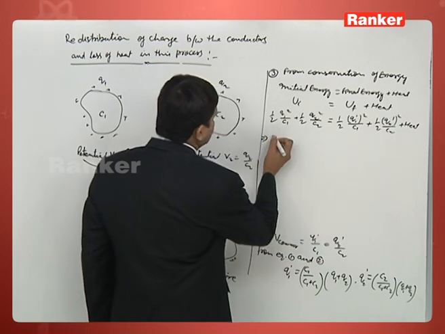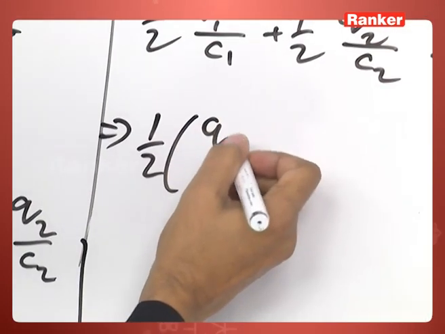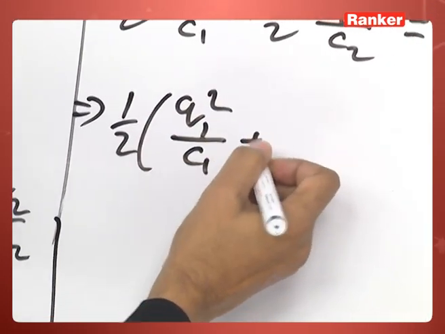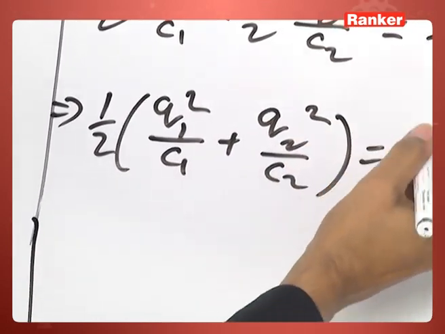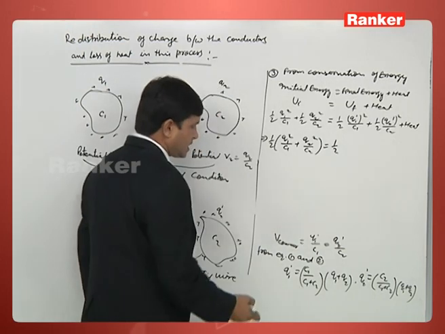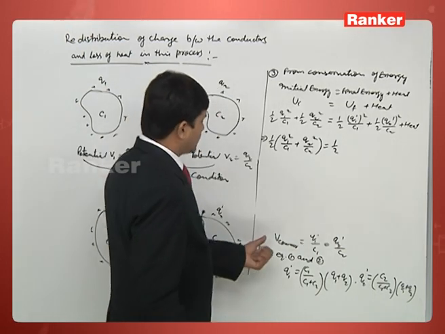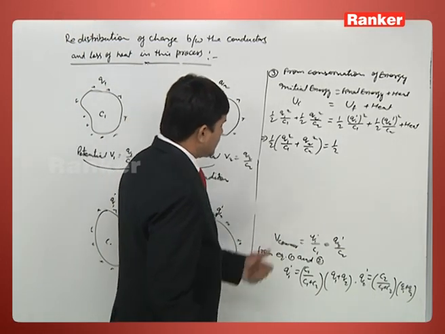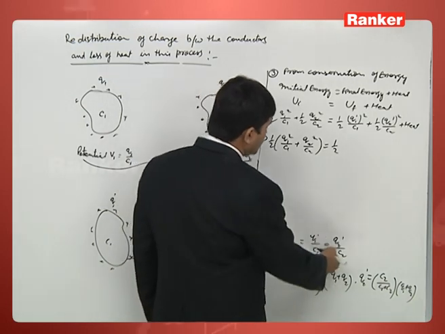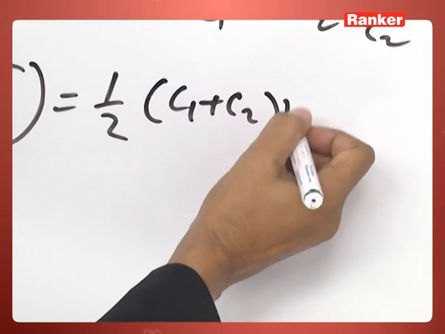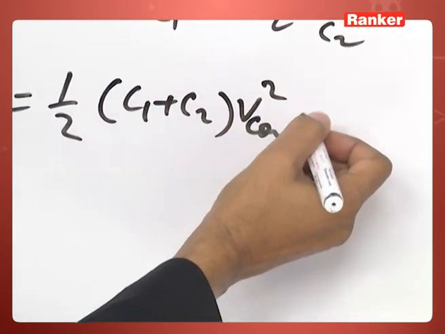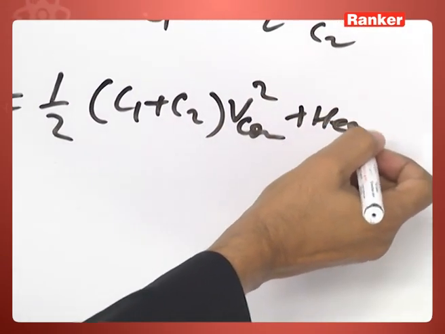Or this also can be written as half Q1 square by C1 plus Q2 square by C2 is equal to half of common potential, C1 V common square plus C2 V common square, that is, C1 plus C2 V common square, plus heat.